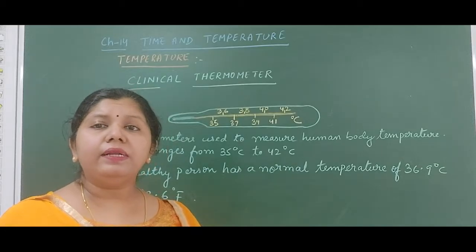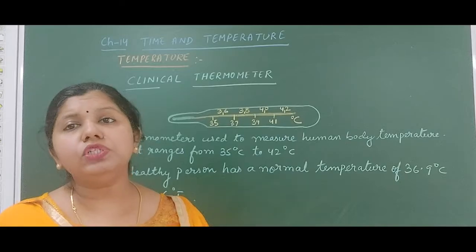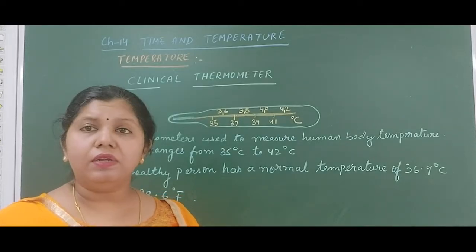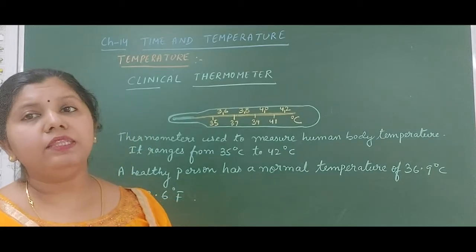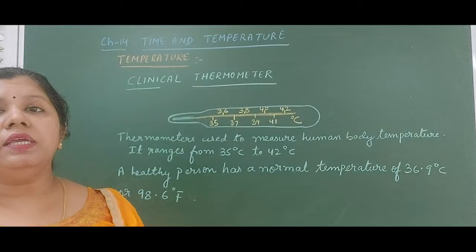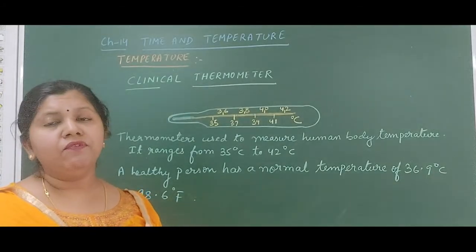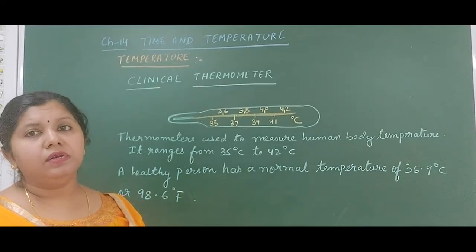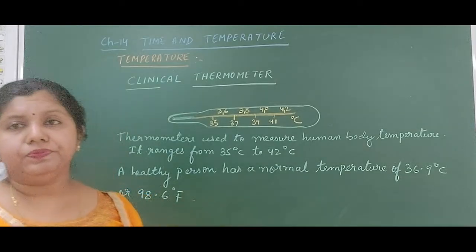To find out whether the temperature has gone back to the normal position for the human being or not. If the person has fever, then that person's temperature will definitely be high. For a normal healthy person, the temperature is 36.9 degrees centigrade, and on the Fahrenheit scale it is 98.6 degrees Fahrenheit. So this we have to remember.